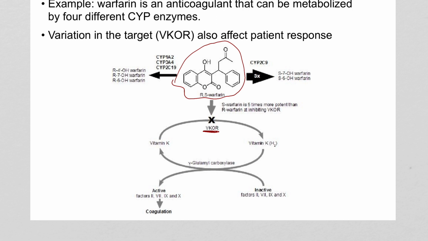And VKOR is necessary for activating vitamin K. For reasons that are probably outside of this discussion, vitamin K is necessary to turn on clotting factors in the blood. And so if a person slightly decreases their level of vitamin K, it will make them less likely to clot.